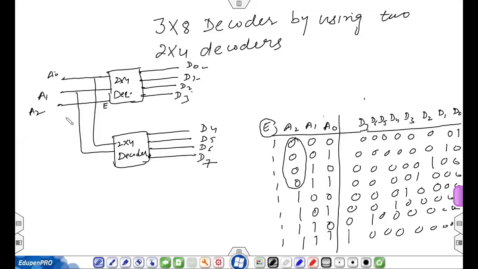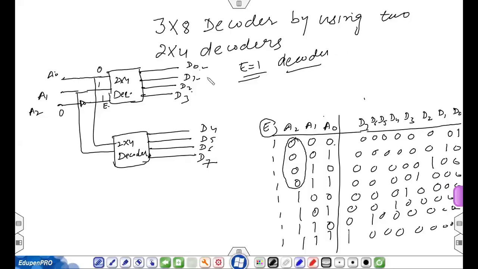For all these cases A2 should be 0. For example, if A2 is 0 and your input is 0 0 0, what will be your output here? If A2 is 0, the enable will be 1. If enable is 1, then that decoder will be active.